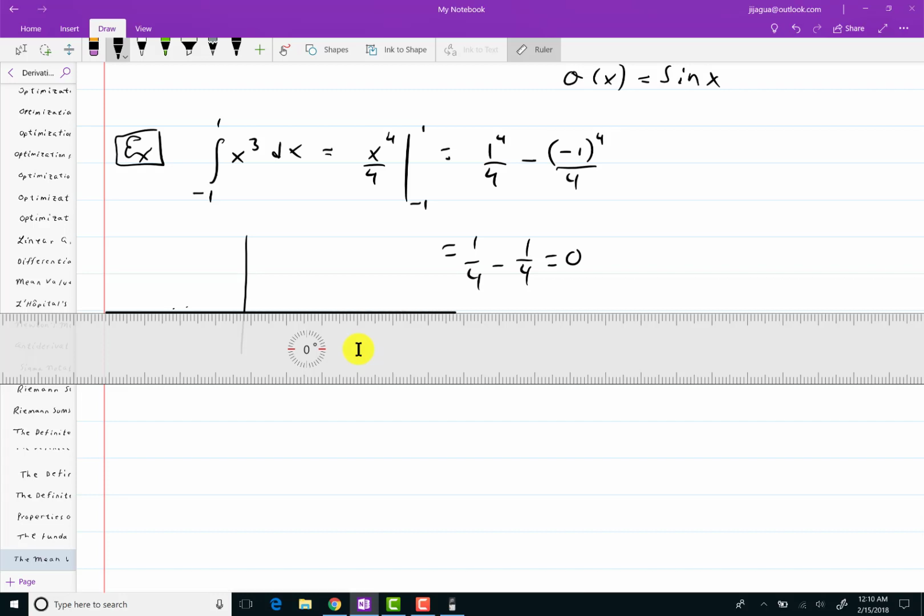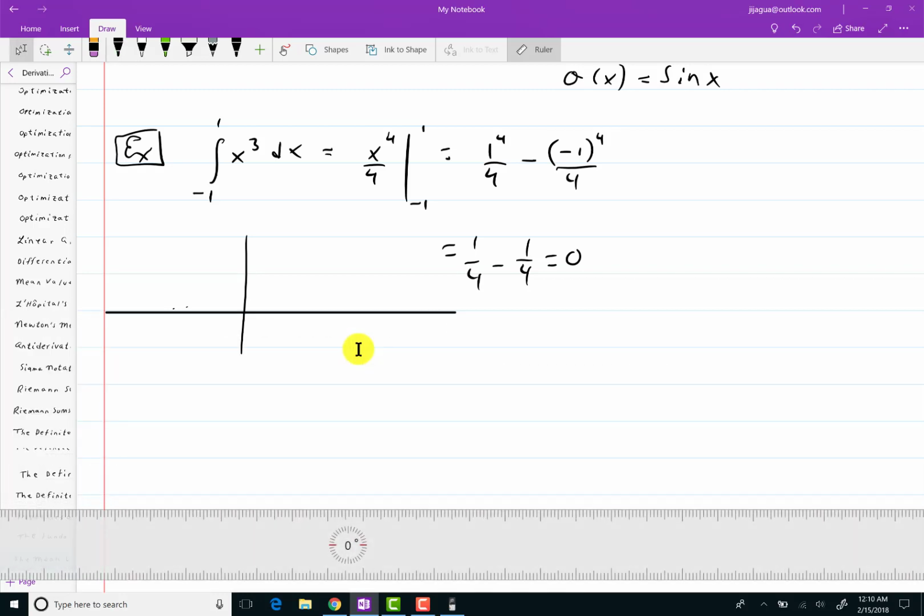I have not tried that before. All right, what happens is the function comes in here like so, and then comes up like this. And then if you look from -1 to 1 at these areas, you have negative area that just wipes out the positive area.